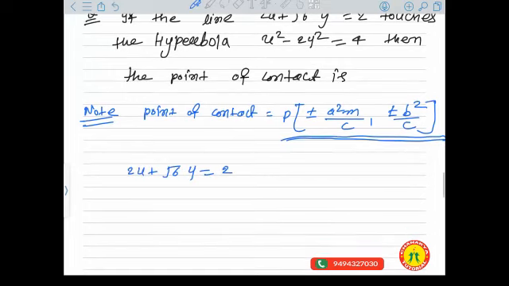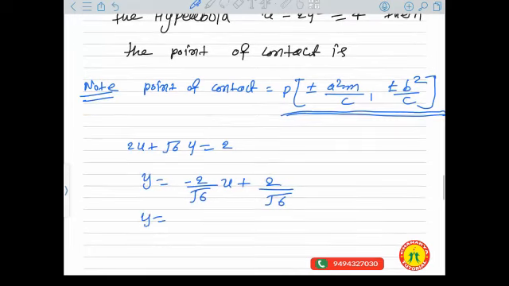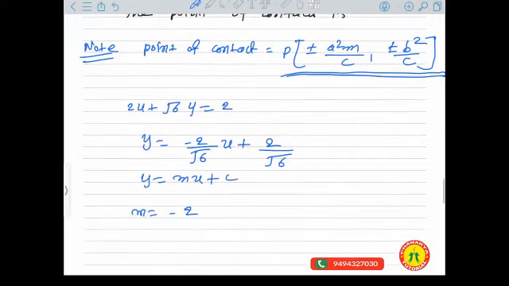So now y is equal to minus 2 by root 6 x plus 2 by root 6. If you compare y equal to mx plus c, we get m is equal to minus 2 by root 6 and c is equal to 2 by root 6.